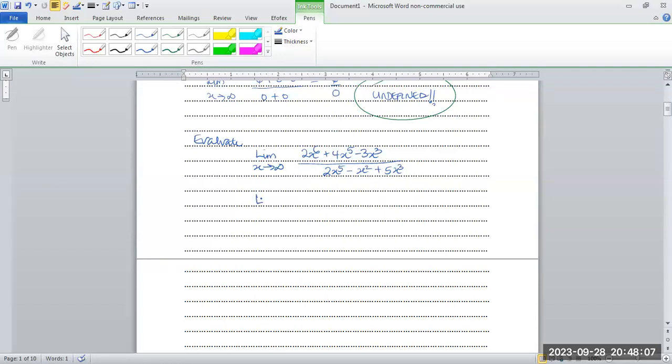So it's going to be the limit as x tends to infinity of 2x to the 6 over x to the 6 plus 4x to the 5th over x to the 6 minus 3x cubed over x to the 6, all over 2x to the 5th over x to the 6 minus x squared over x to the 6 plus 5x cubed over x to the 6.